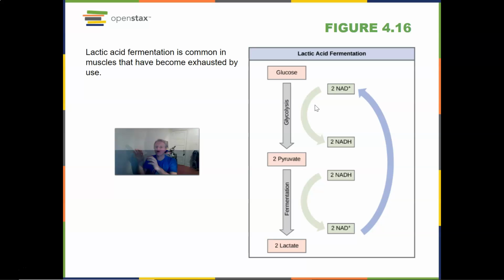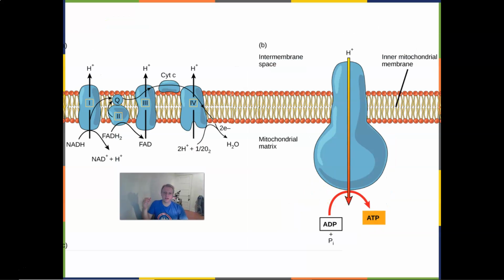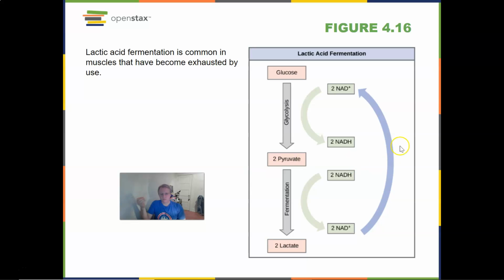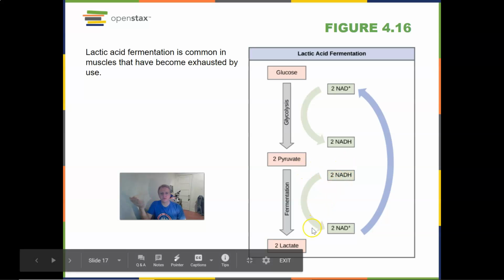If you don't have those electrons getting taken away at the end of cellular respiration, you're going to run out of NAD. So in order to deal with that, instead of sending pyruvate to the mitochondria, we convert it to lactate, regenerating these NADs so that we can keep on breaking down glucose.